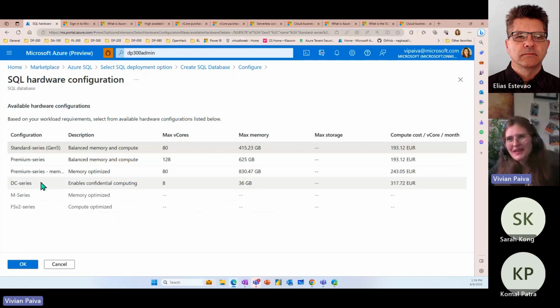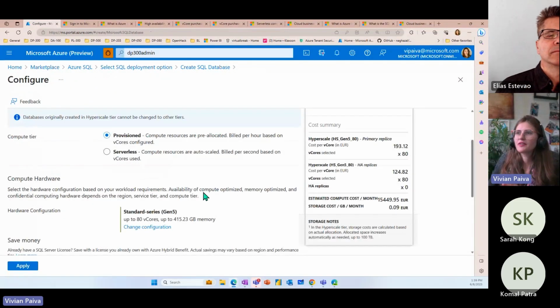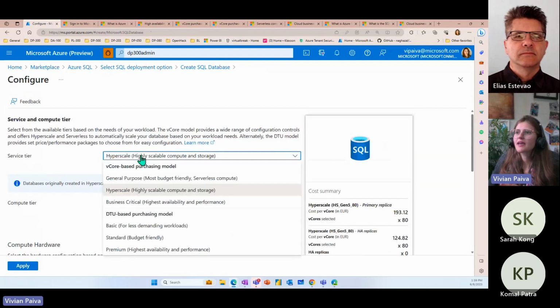There is some hardware that's only available in certain regions. So we have to take those two things into consideration. If we really need a specific hardware, we need to think about the region that we are deploying to and also the service tier. So these would be the offerings for hyperscale.